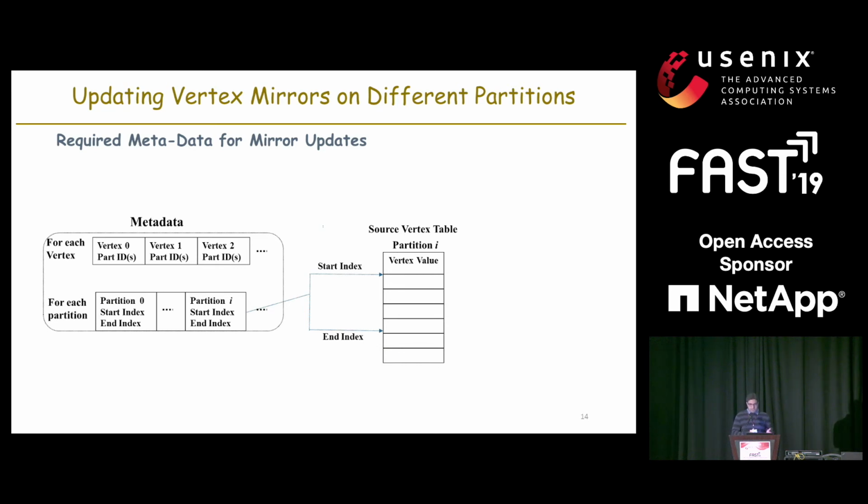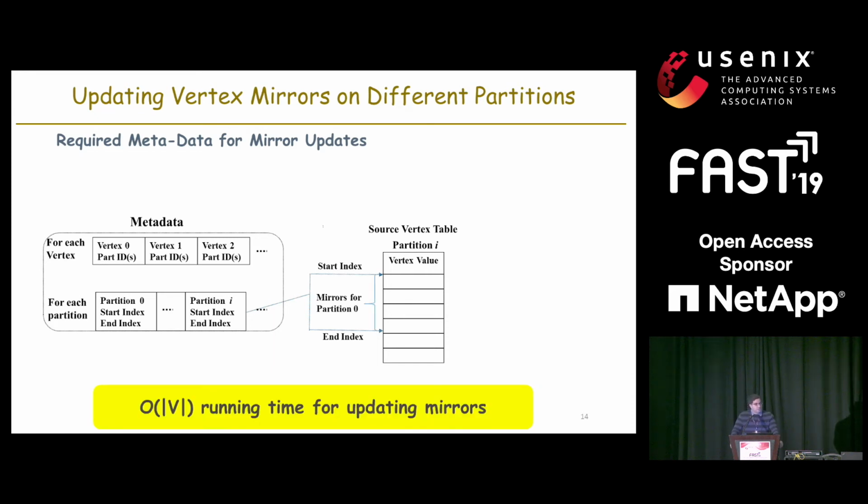We know that mirrors for partition I are going to come before mirrors for partition I plus 1. This way, we can generate the updates, and it only takes linear time with respect to the number of vertices. And this metadata is much, much smaller than the graph size. It's almost negligible.